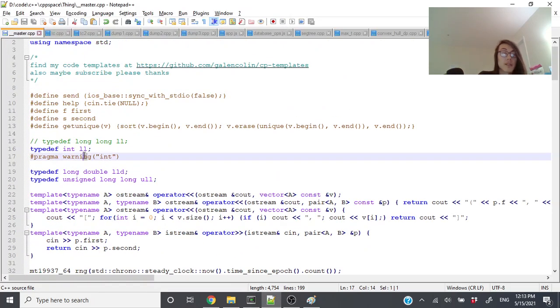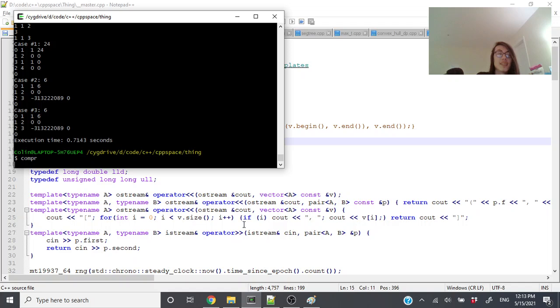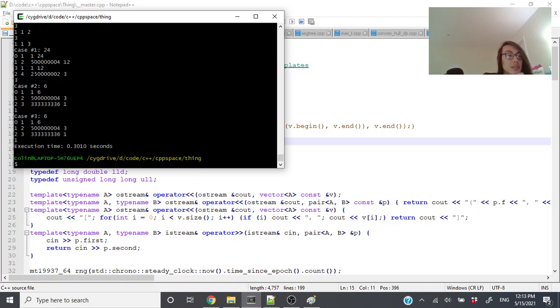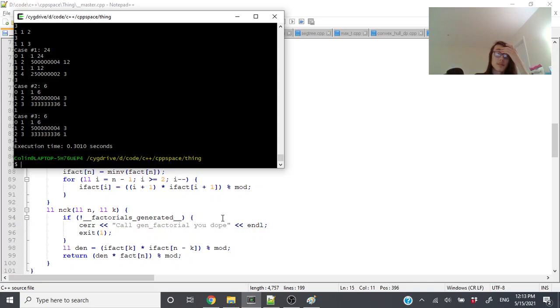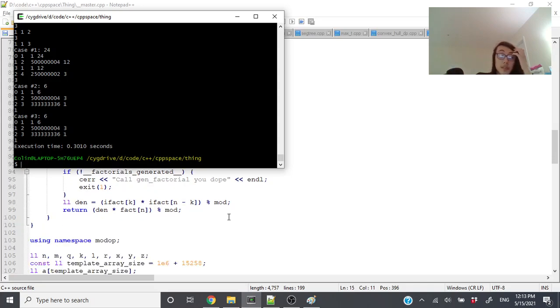Ah, right. That is why I have this warning, because I expect that to work and it doesn't. Okay. That is wrong, but at least there's something.